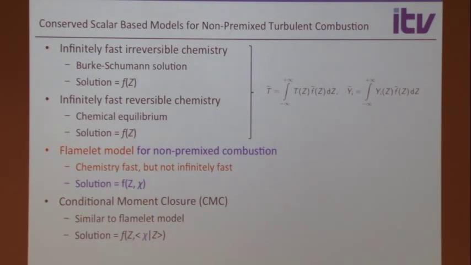And the second one here is the flamelet model for non-premixed combustion. Here we assume the chemistry is fast, but not infinitely fast. It's just fast enough that these assumptions hold to good approximation. And then the solution, as we saw earlier when we look at the flamelet equations, is a function of mixture fraction and also the dissipation rate. Okay? So we'll talk about this for 1 minute, and then we want to talk about this in a little more detail.